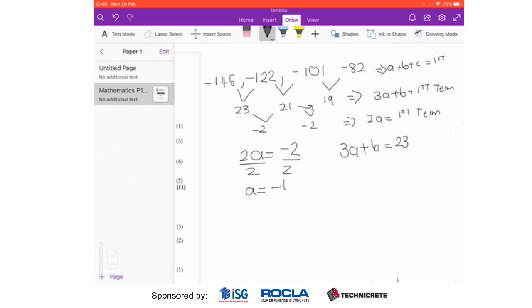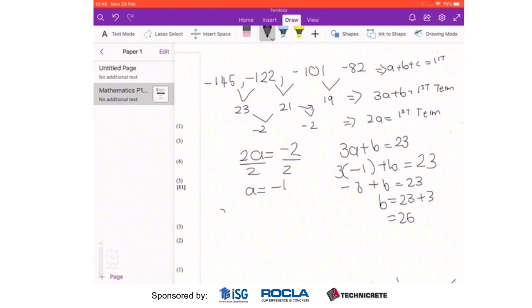We know A now is negative 1. We can substitute. Negative 3 plus B is equal to 23. We're going to take it over to the other side. So it's going to be 23 plus 3, which is equal to 26. Okay, we have B.